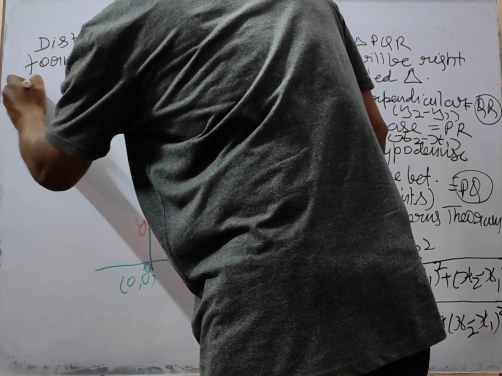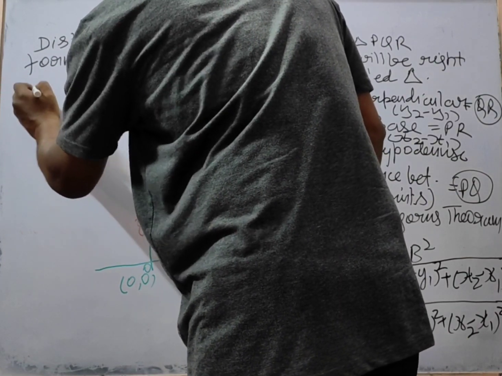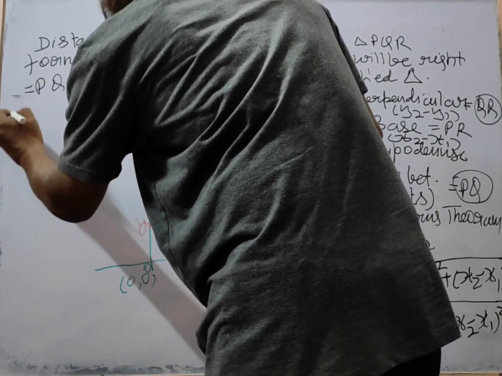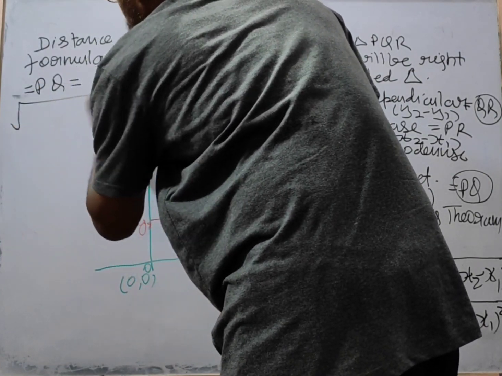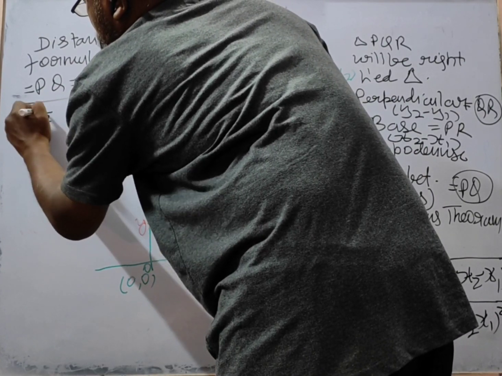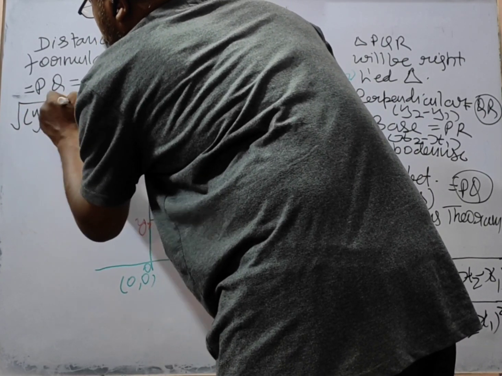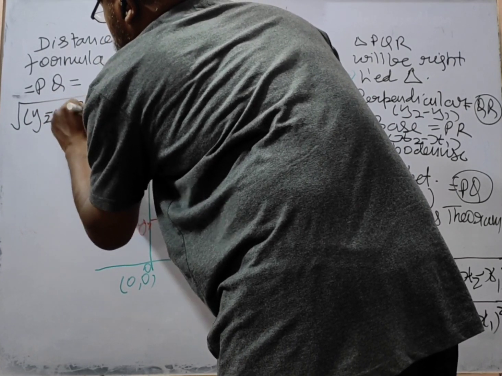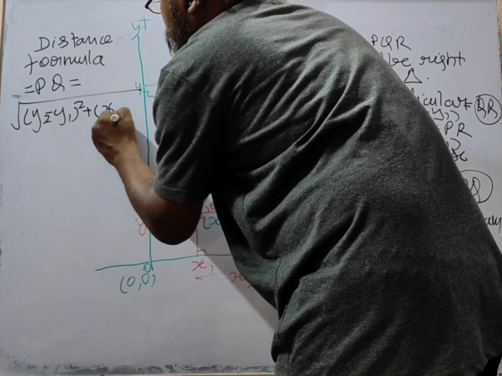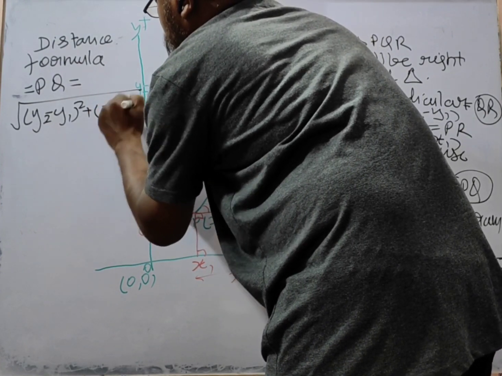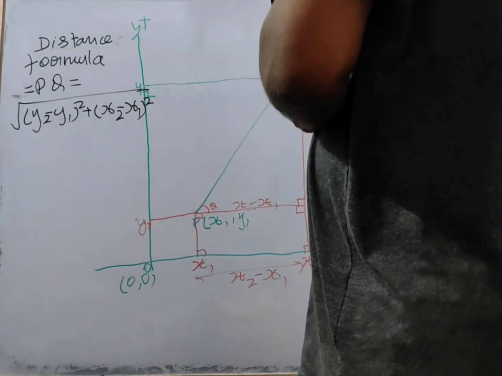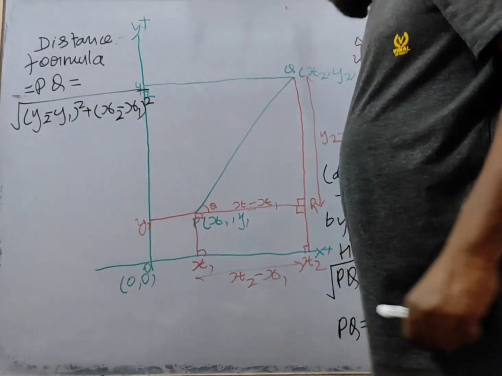PQ is equal to square root of y2 minus y1 whole square plus x2 minus x1 whole square. Getting it? This is the distance formula.